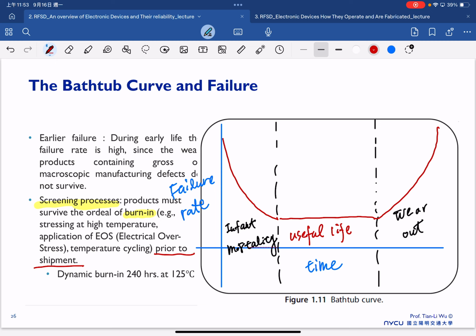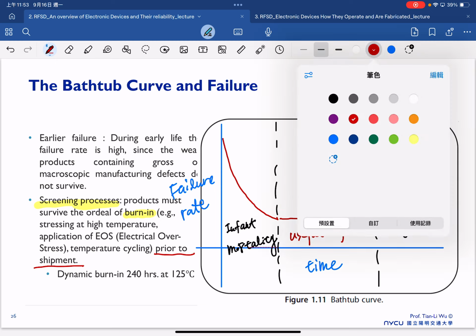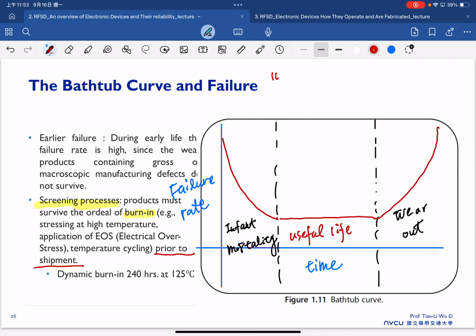For example, if you have fabricated 1,000 devices, but you don't know which one has early failure, and you don't know which one can survive for the useful life, you cannot sell all of them immediately, because your customer will probably get some devices with a higher failure rate, just like in the infant mortality case.